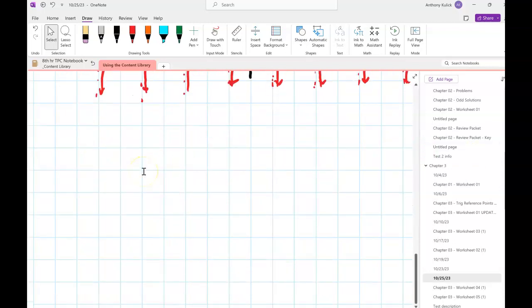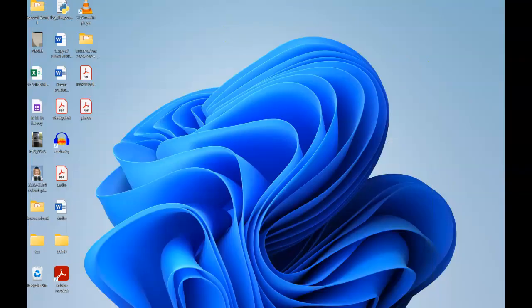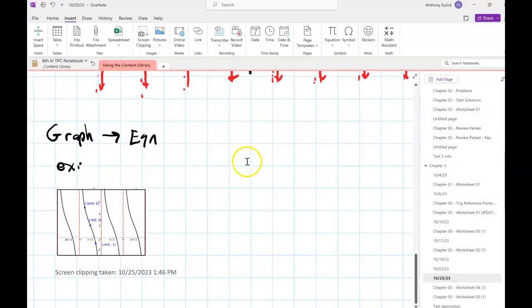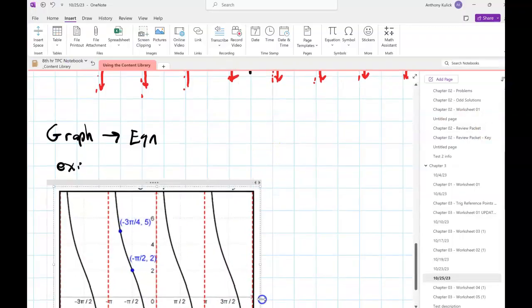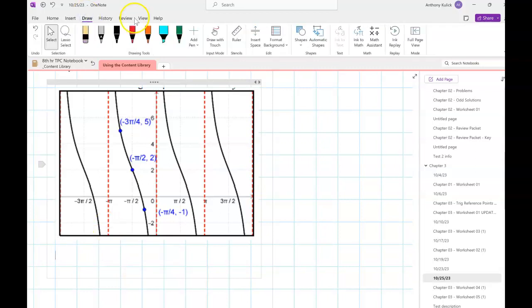All right, let's do the graph to equation problem. So remember, what are we looking for?